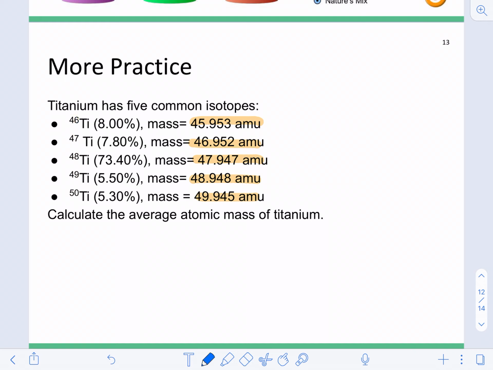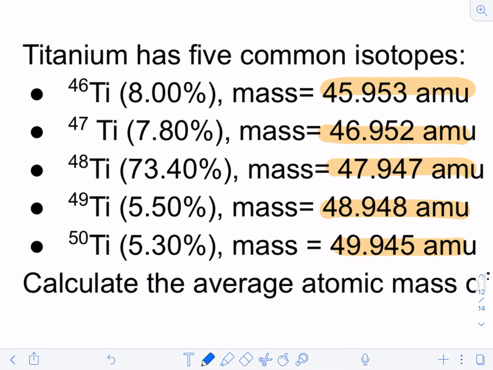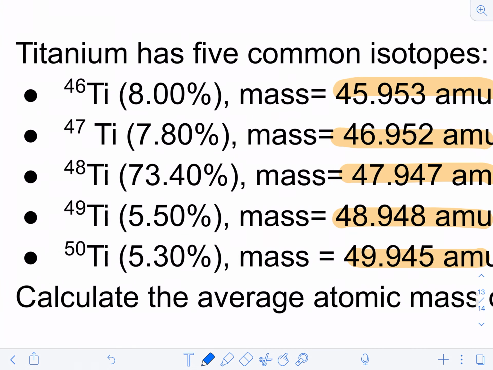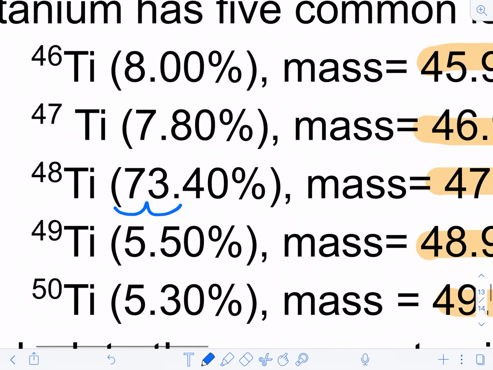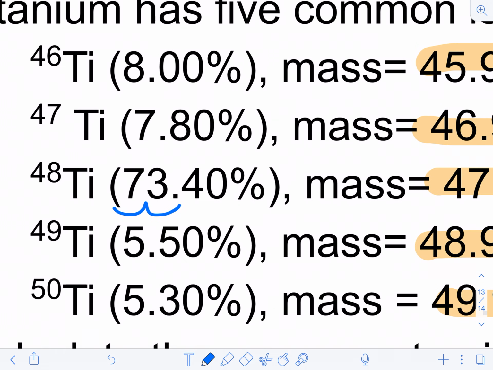All right, and the other really common mistake that people make. Let's take a look at our percentages. So we're used to seeing numbers like the third one down, 73.40, so like double-digit percentages out front. So then when we move our decimal, we end up with 0.7340, which is fine. But be careful with percentages that don't have double digits, like literally all of the other ones in this problem. So let's take a look at the first one, 8%.